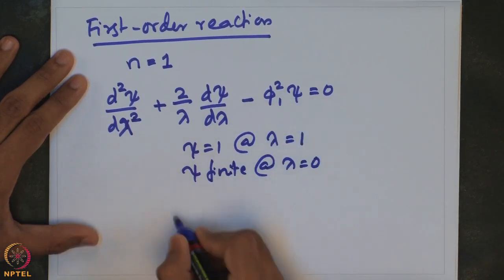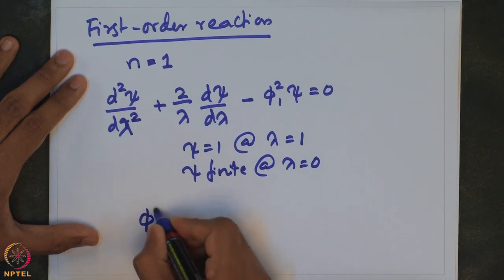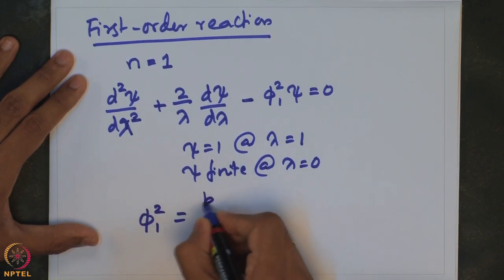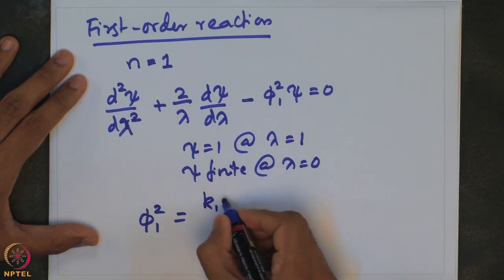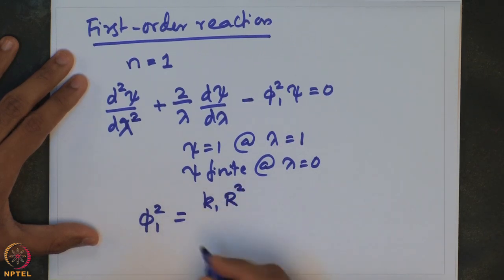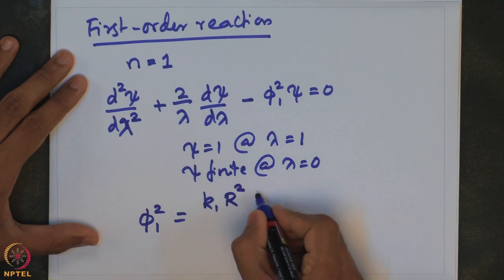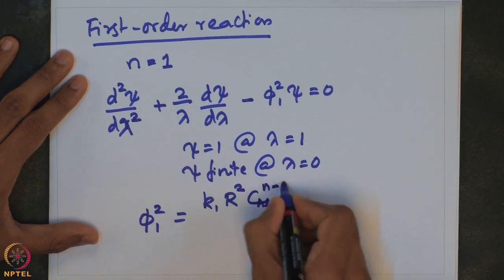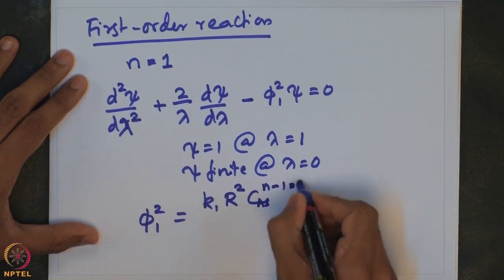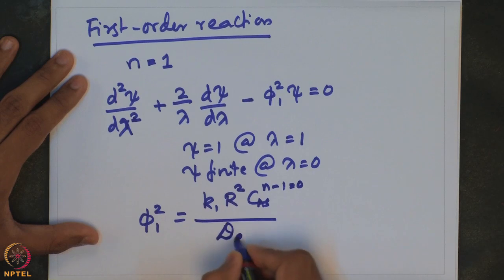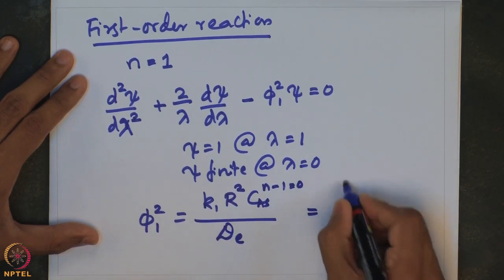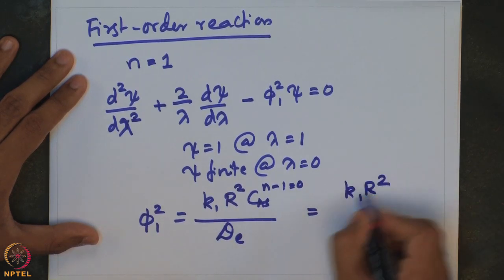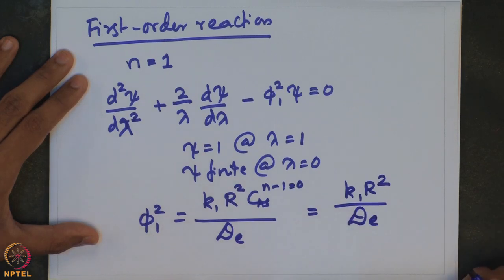So, what will be the expression for phi 1 square? phi 1 square will be k1, the rate constant for the first order reaction, multiplied by r square into CAS to the power of n minus 1, but n is 1, so CAS to the power of n minus 1 is equal to 1, divided by the effective diffusivity, which is essentially k1 r square by d.